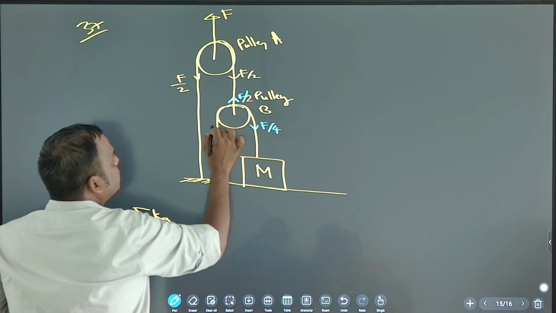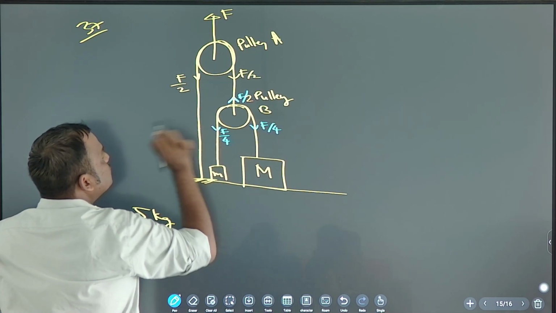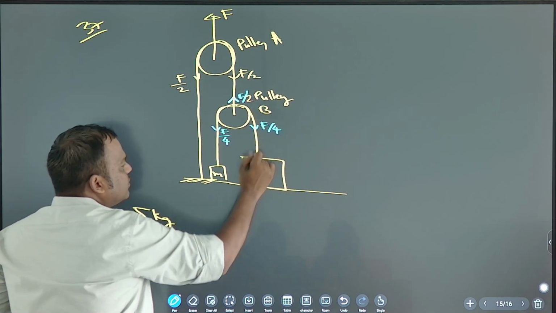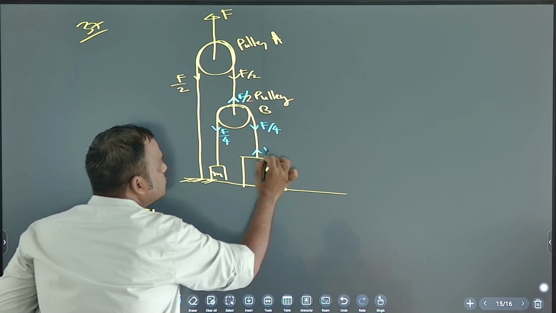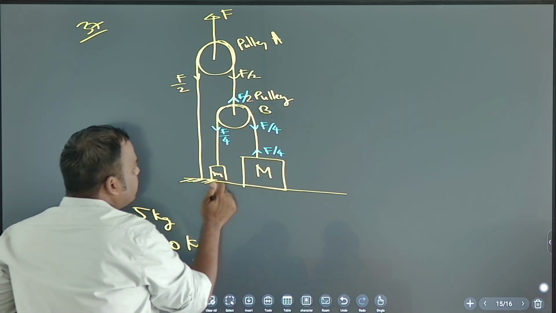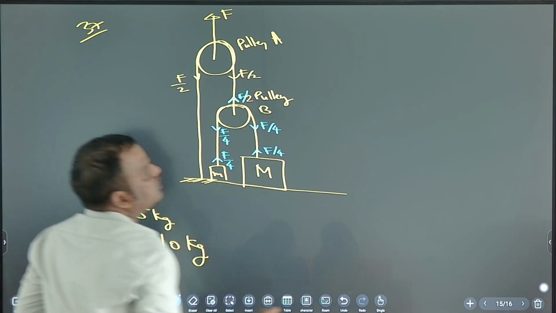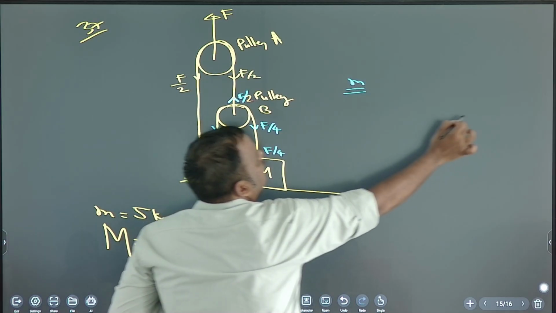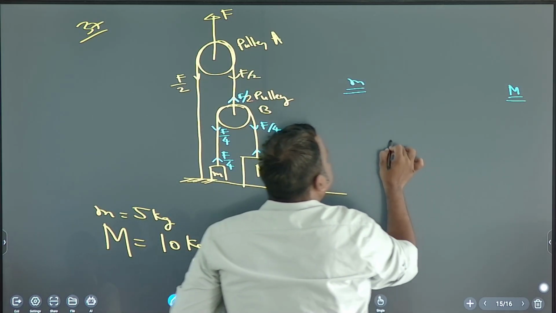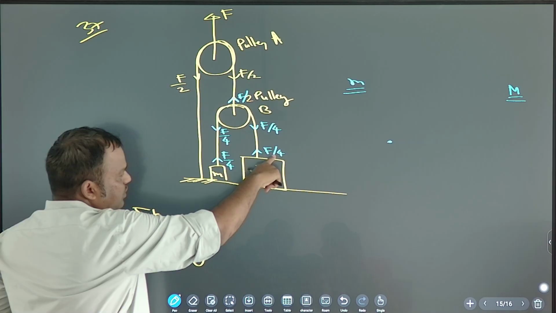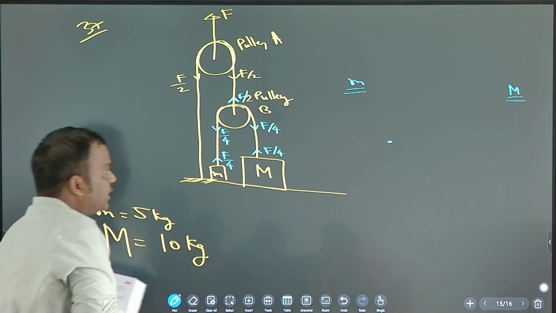Very good. What is the upward force on capital M? F by 4. What is the upward force on small m? F by 4.